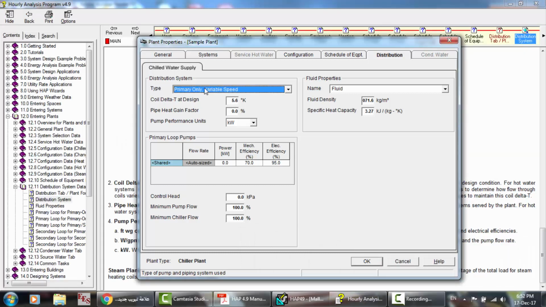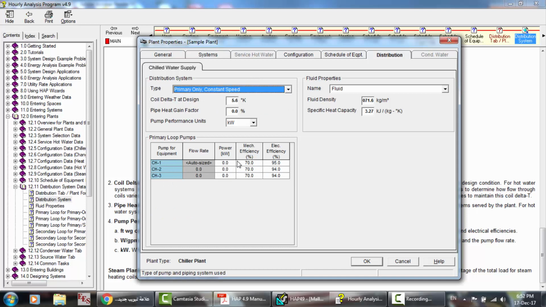So as you see, for primary only variable speed, the system uses only one pump, and if you have many pumps, you have to give the equivalent one curve for the whole system of the pumps, because it is shared. As you see, you can get 3 here.